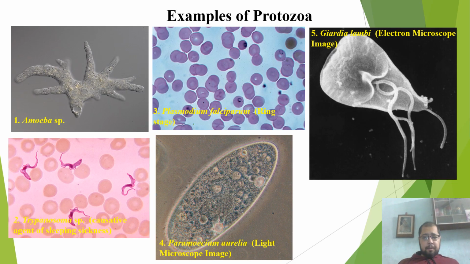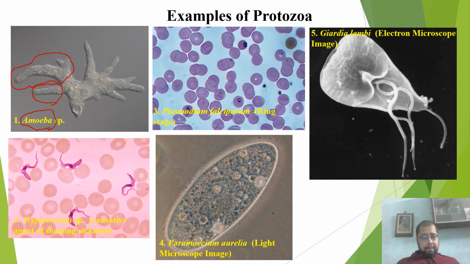Here are a few examples of protozoans. First we have the amoeba, which is well known for its pseudopodia, that is false feet. These are basically foot-like extensions by which the organism moves. Then this is Plasmodium falciparum in the ring stage inside its host, the RBC of mammals.